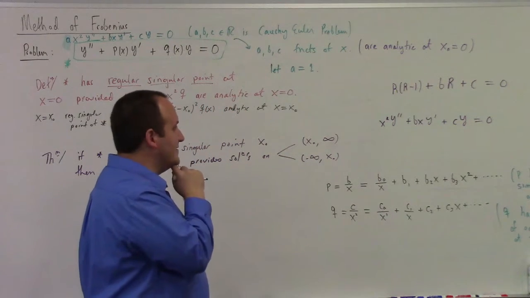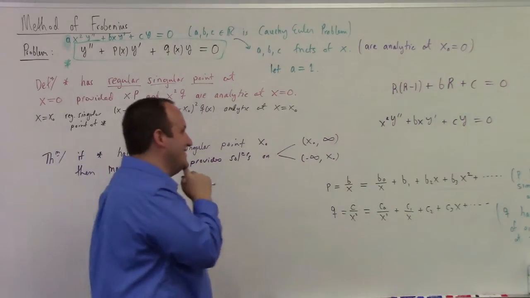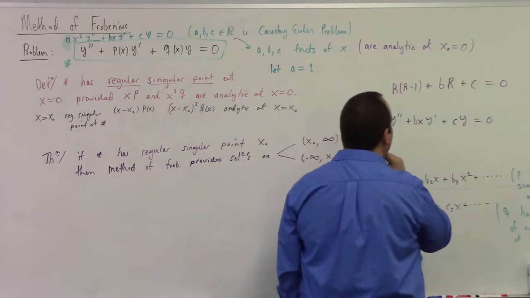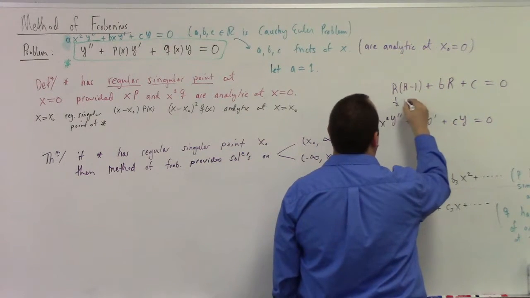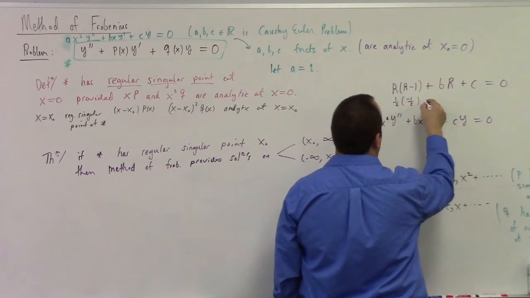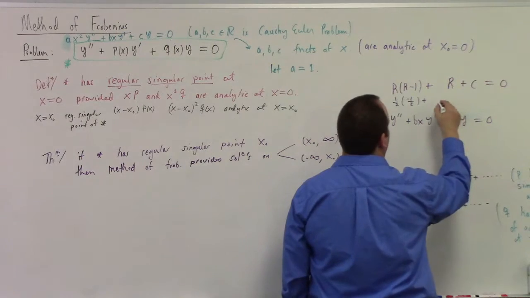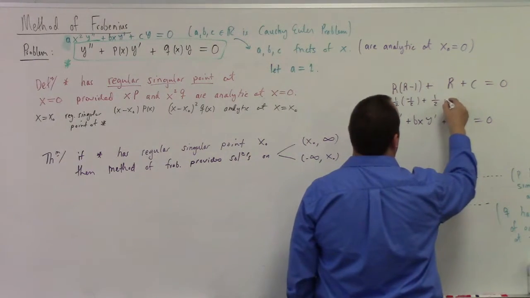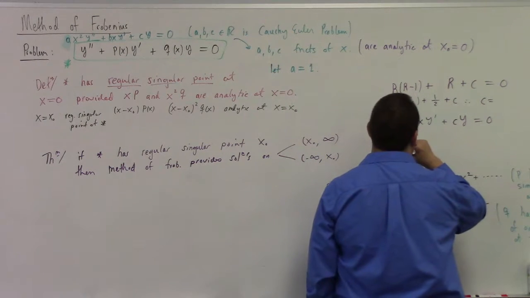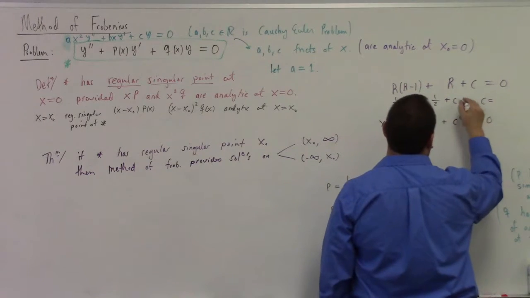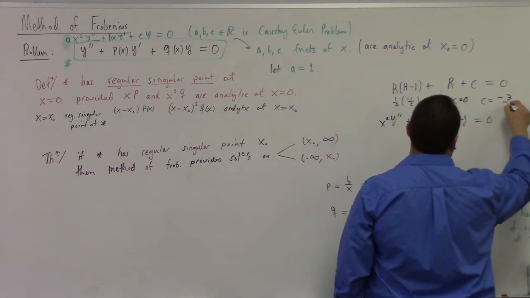This is reverse engineering. It's an important skill. So 1/2 times minus 1/2, plus, let's put b equal to 1, see if we can make it work. 1/2 plus c, so c has to make this 0 equals 0. So if I choose c equal to minus 3/4, that should do it.